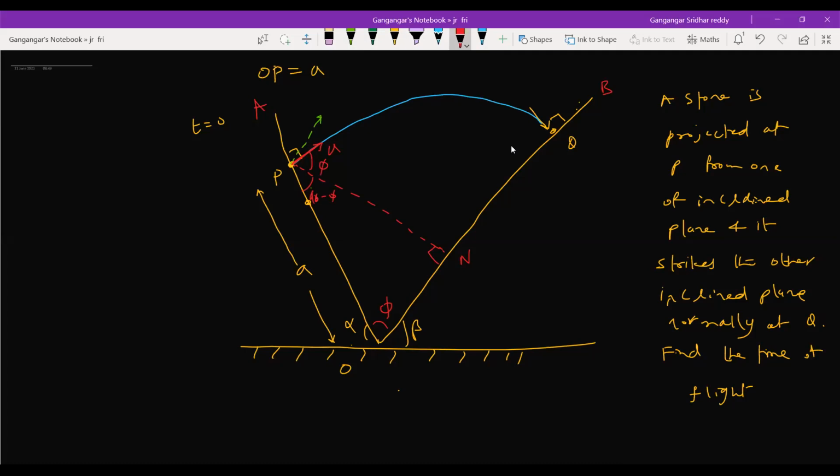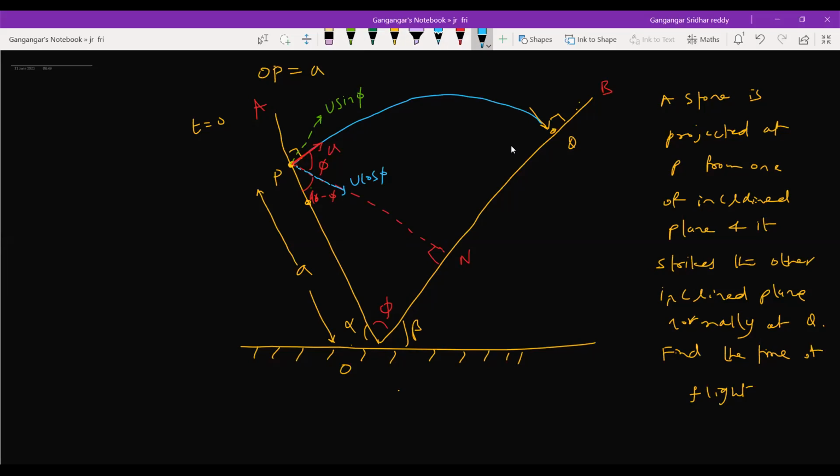So what is this component now? U sine phi. The other component will be U cos phi. U sine phi will be parallel to the inclined plane OB.